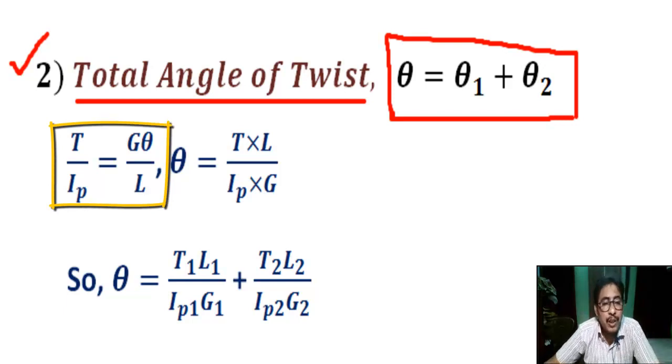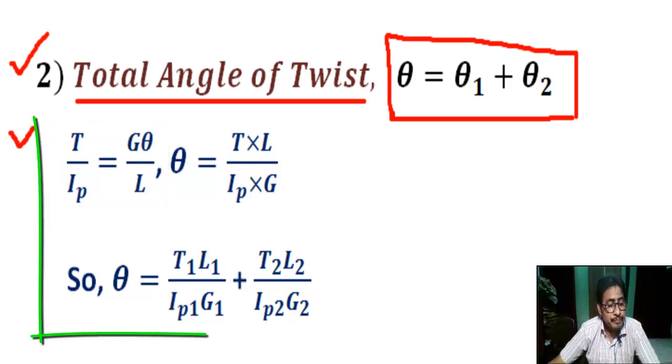Now, the torsion equation, considering rigidity, we know T by IP equals G theta by L, where T is the torque transmitted by the shaft, IP is the polar moment of inertia, G is the modulus of rigidity for the shaft material, theta is the angle of twist, L is the length of the shaft.